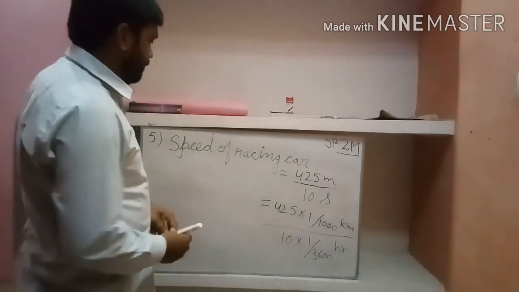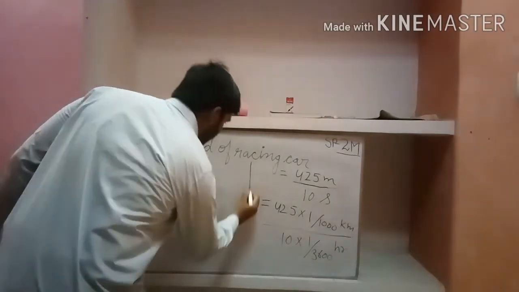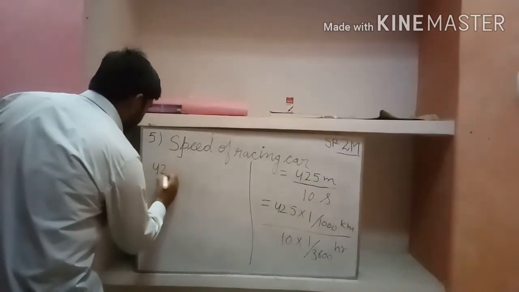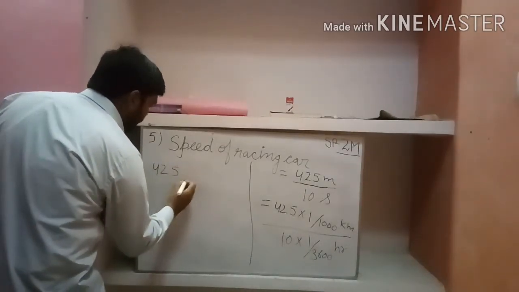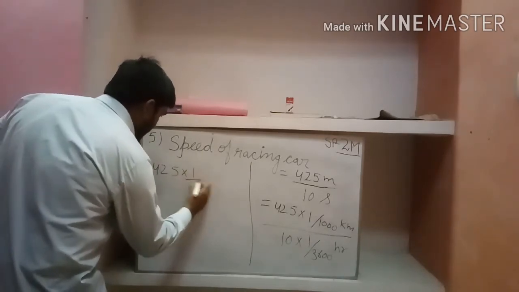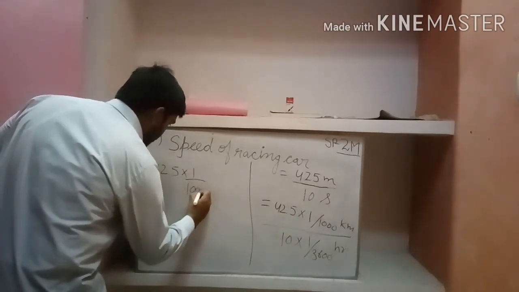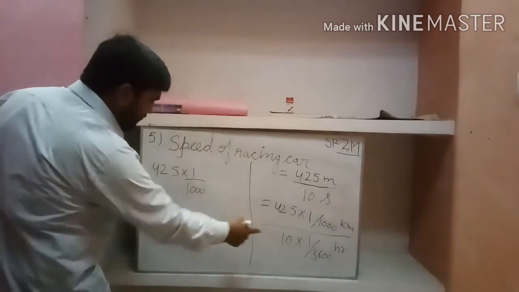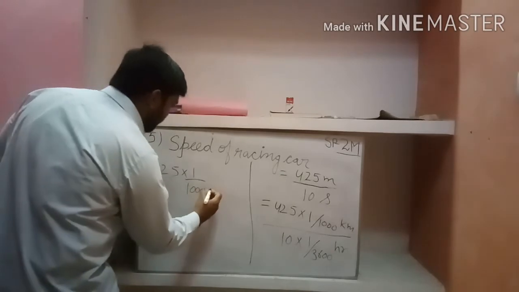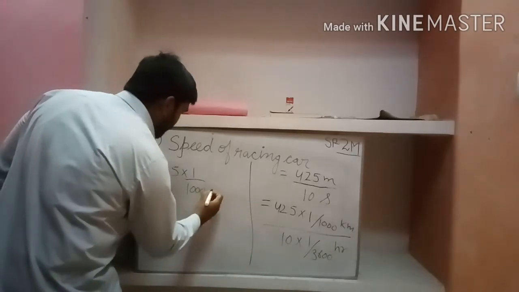So what we got? 425 into 1 by 1000, and that is at the count 10 also. Okay. So here we write 10 also.